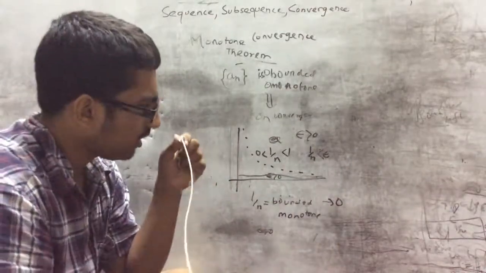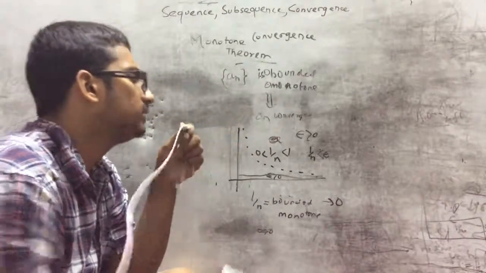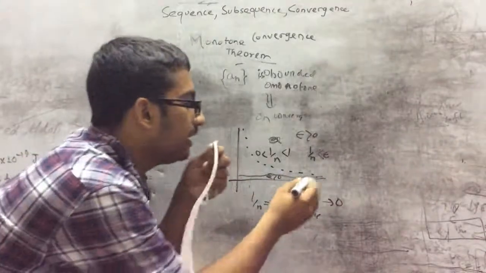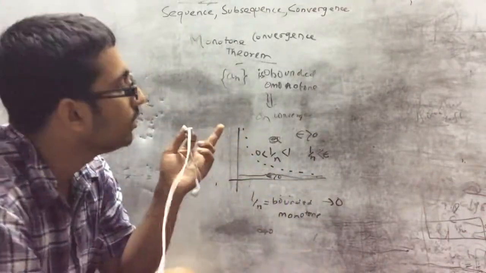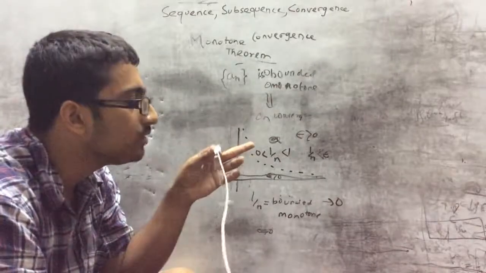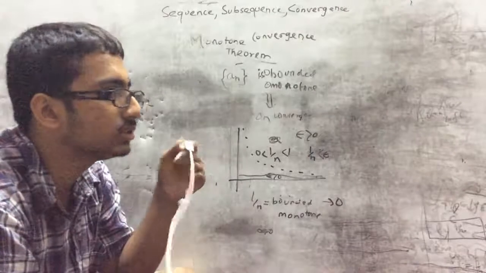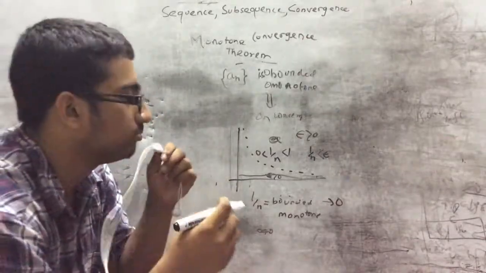Now see, this is a property of 0 only. If you take any other lower bound, say -1 is also a lower bound, it will not have this property. Take any number greater than -1, and it will lie in that interval, and that's not true.